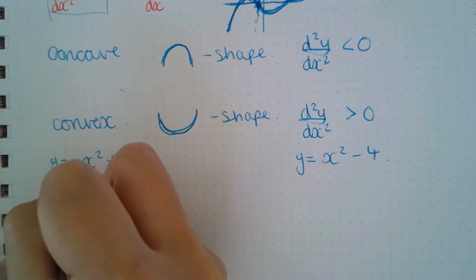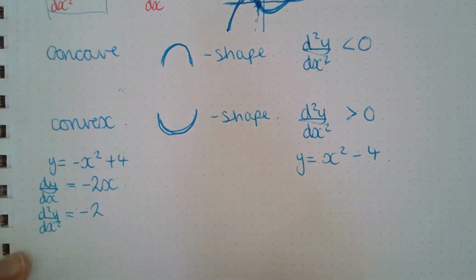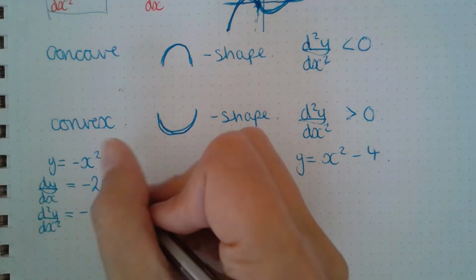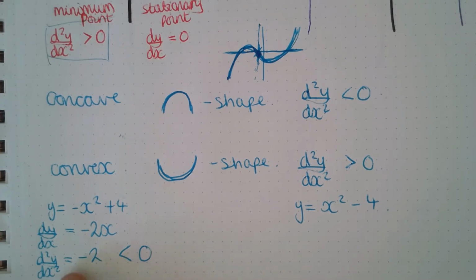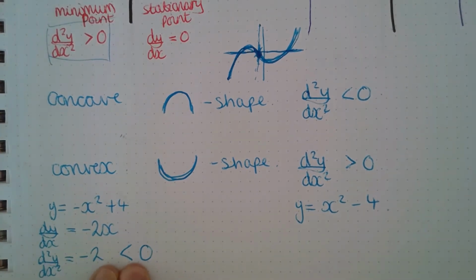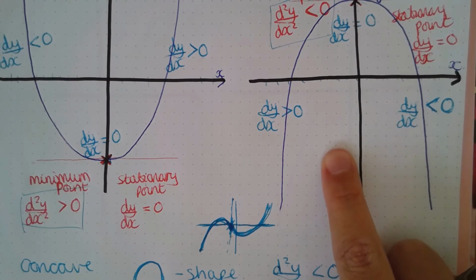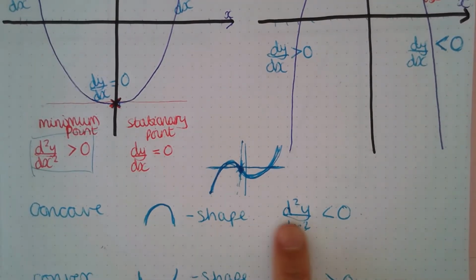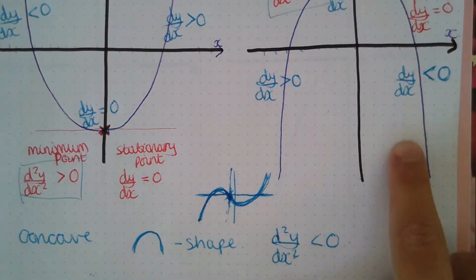My second differential is negative 2. Negative 2 is always less than 0, no matter what. It's got no x's in. So this graph is always concave because my second differential is less than 0 all the time.